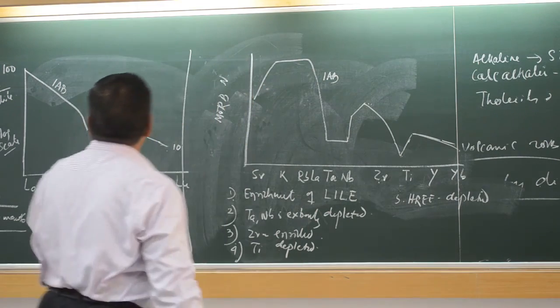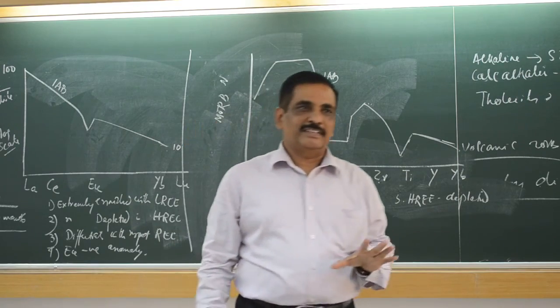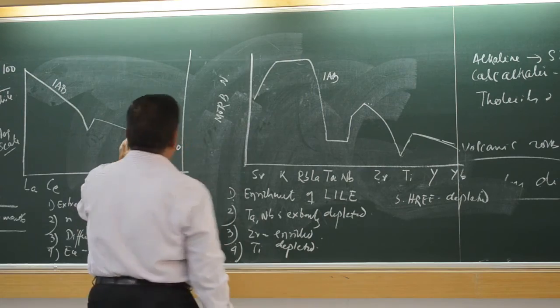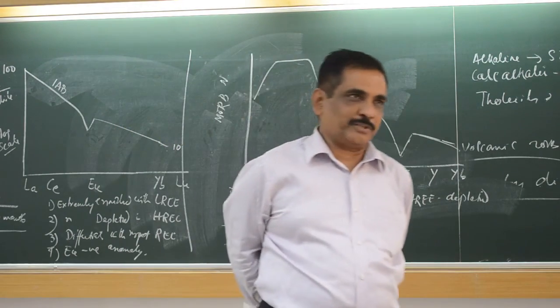So this is the tholeiite, or the iron-rich basalt, collected from the subduction zone. Okay? Now suppose you are given a tholeiite from the Deccan Traps.